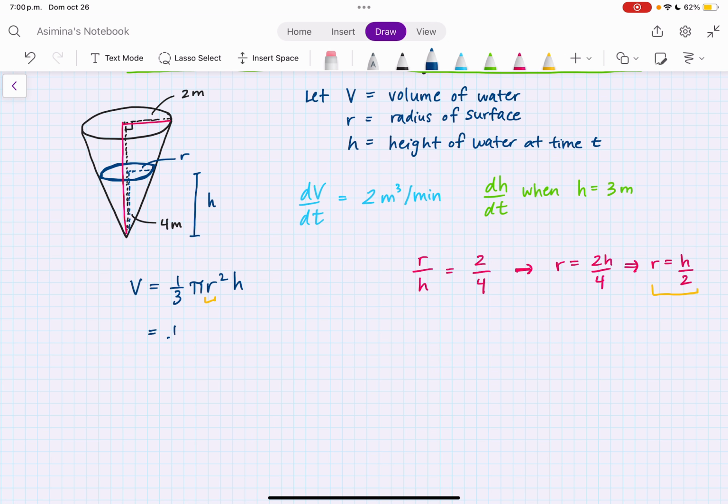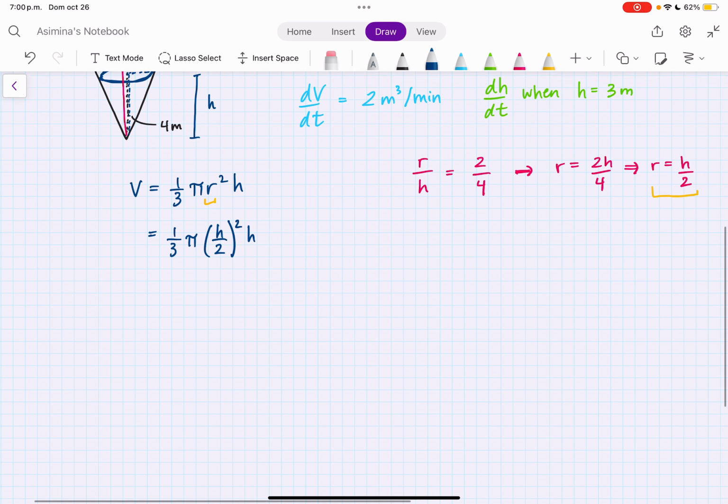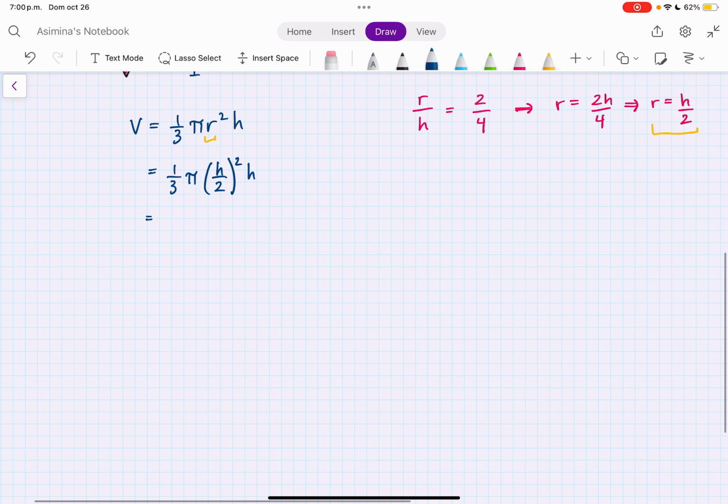So we get 1/3 pi r squared, so this is h over 2 squared times h. Now what does that simplify to? This is 1/3 pi times h squared over 4 times h. So this is 1/12 pi h cubed.